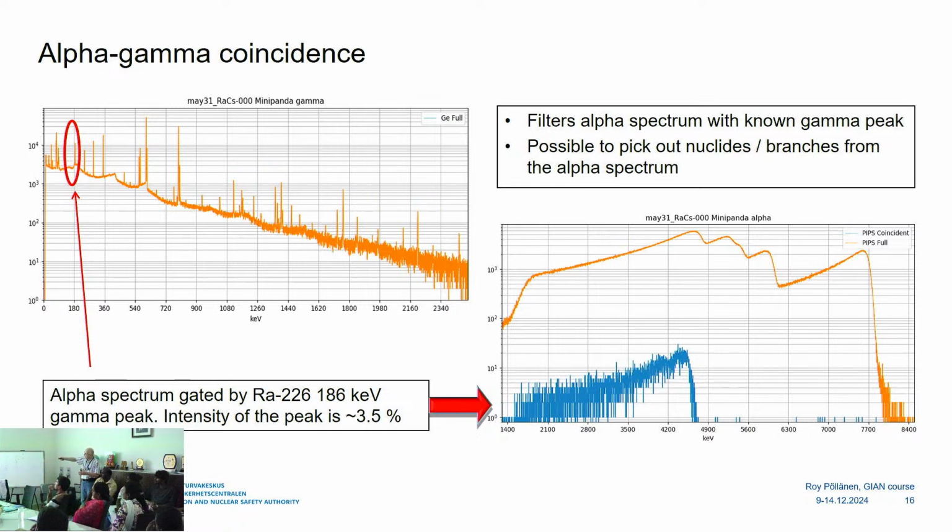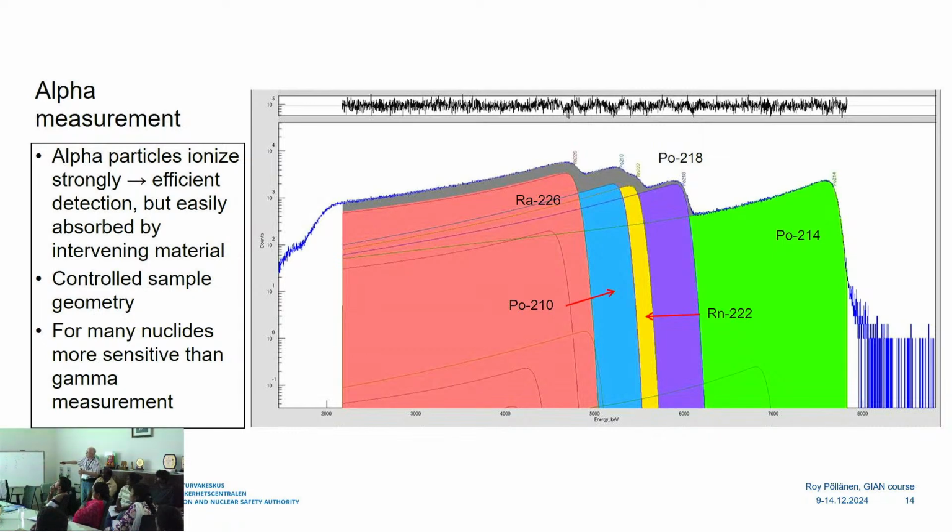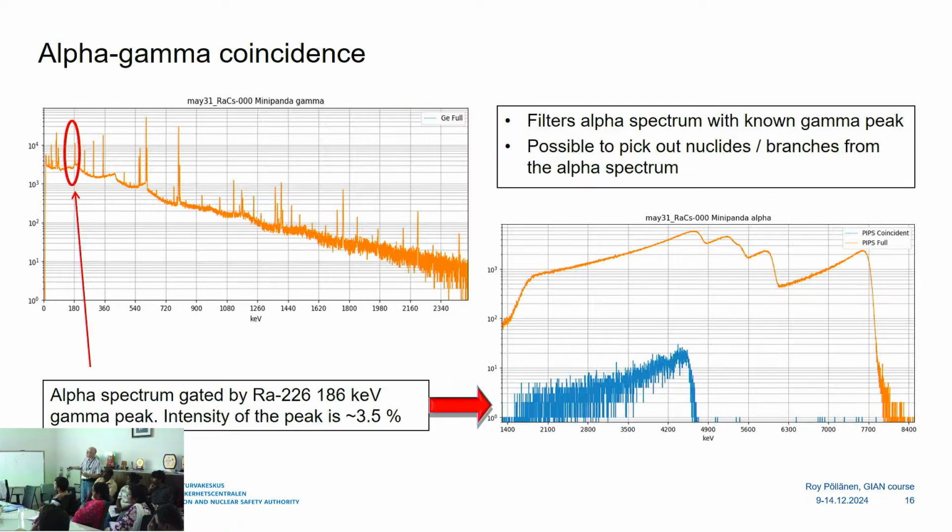So these are definitely radium-226 alphas. Nothing else. So it's this area here, the red one. No background here.